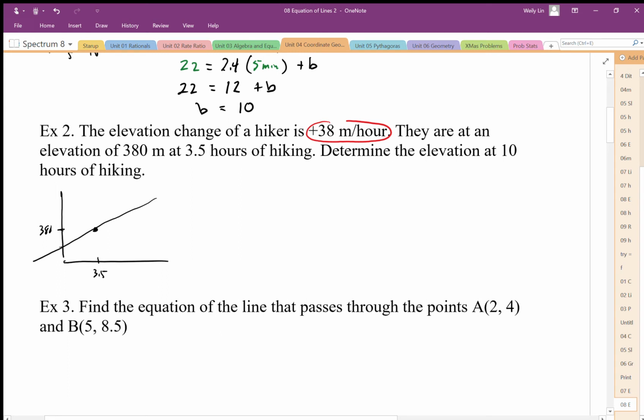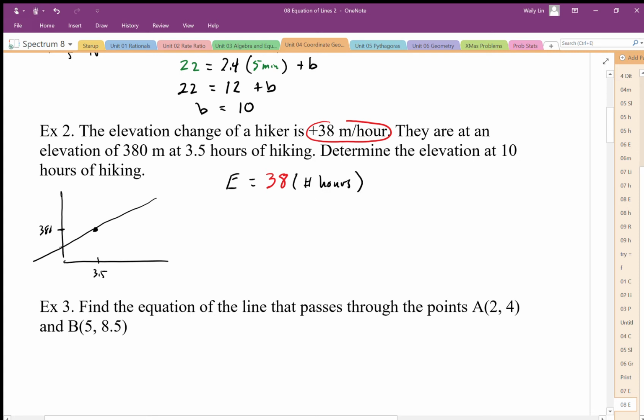However, if we recognize that we've been given the slope, I'm going to say my elevation is equal to 38 meters per hour, that's going to be my slope. It's the right units, meters per hour, and I'm going to times this by hours, the number of hours.